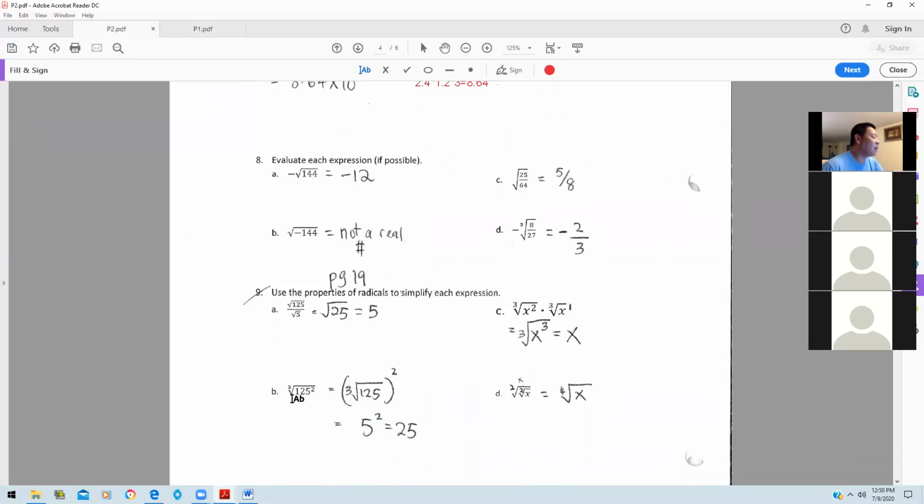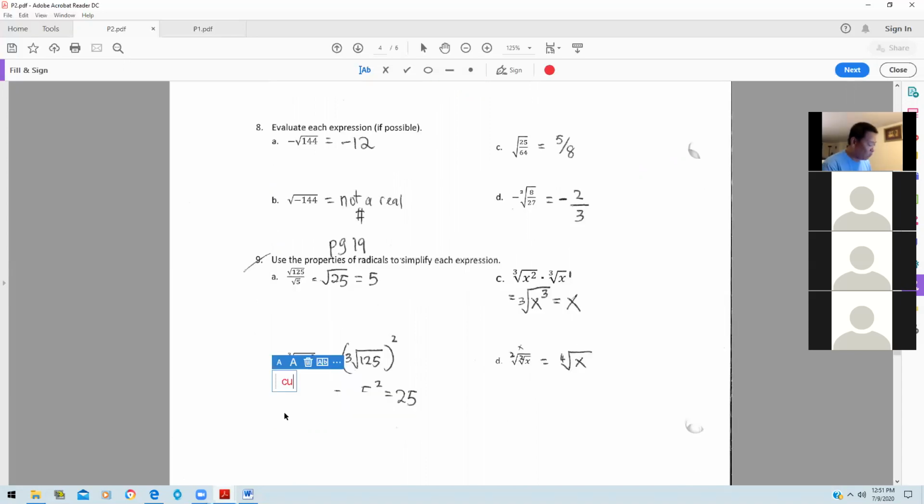So 9B, the cube root of 125 squared. I told you that if you take out your calculator and do 125 squared, it is a very big number. 125 squared is 15,625, so you would need the cube root of 15,625, which is difficult.